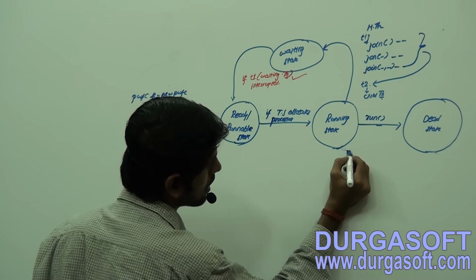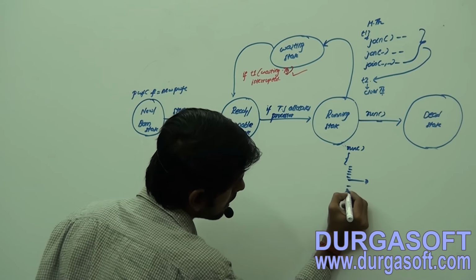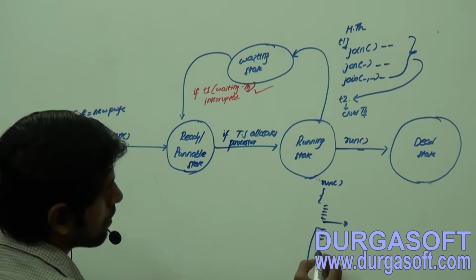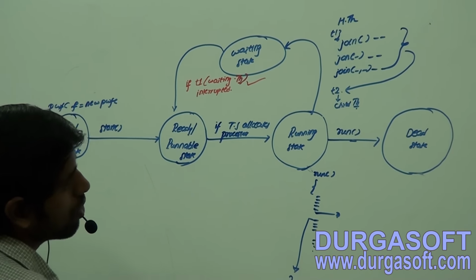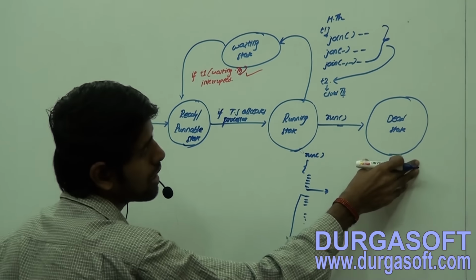Think of it as the run method: till here it has been executed, and after getting the chance a second time, it will execute from this point onwards, execute all the remaining lines of code, complete the execution of the run method, and then go into the dead state.